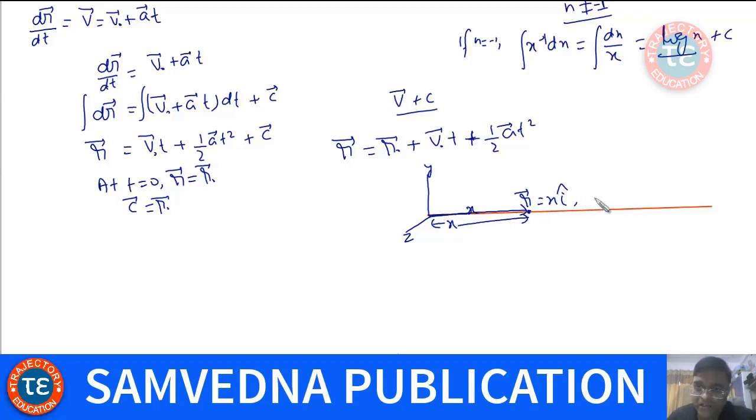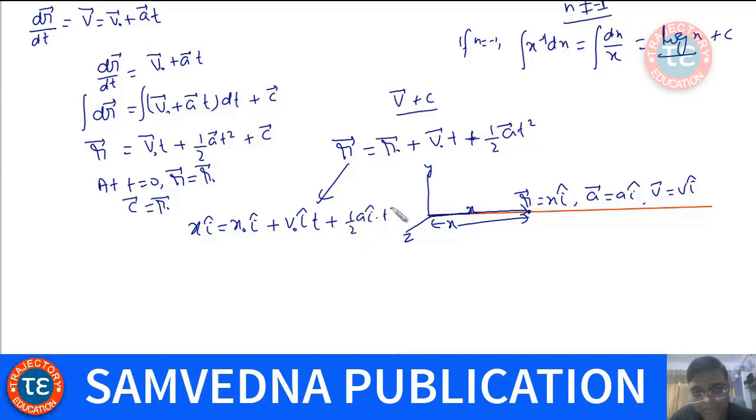And since the body is moving in a straight line, suppose the acceleration is a i cap and the velocity is v i cap, everything is lying in a straight line, right? So this equation will turn to: x i cap equals x naught i cap plus v naught i cap t plus half a i cap t square.